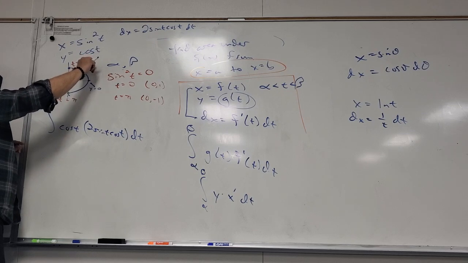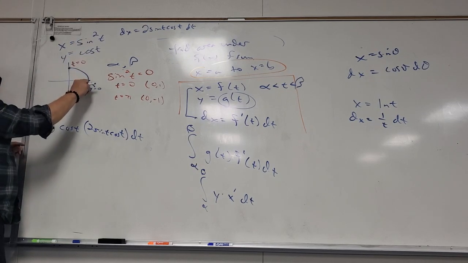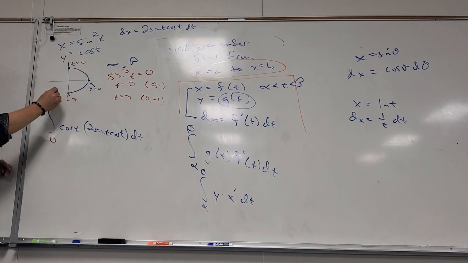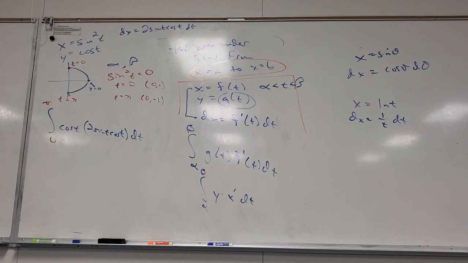Okay. So that's going to be 1, 0. That looks to be there. So can anyone tell me where it starts? For what value of t? T is 0, correct? Up to pi. That gets me through this whole region, yes? I like it.